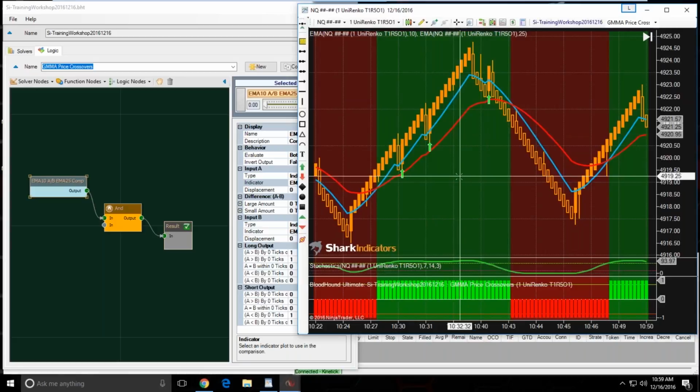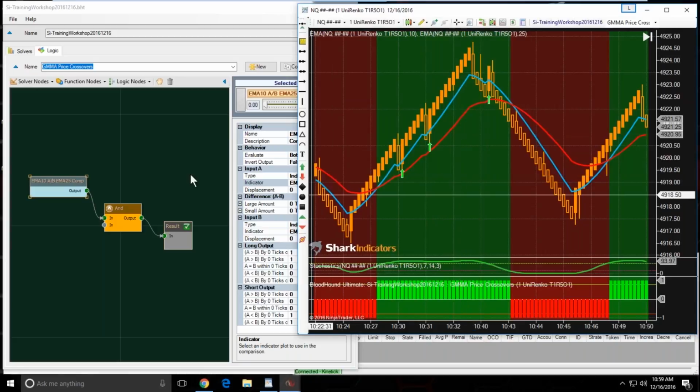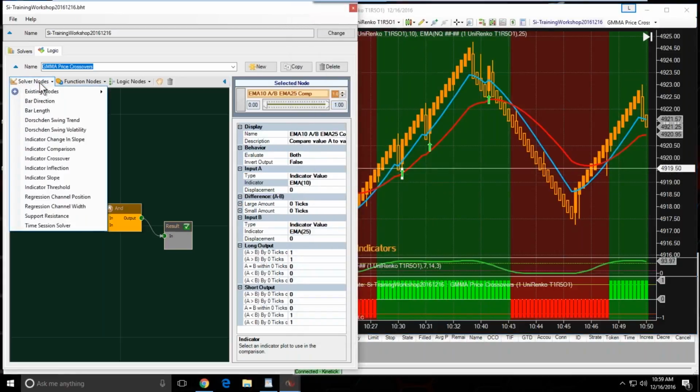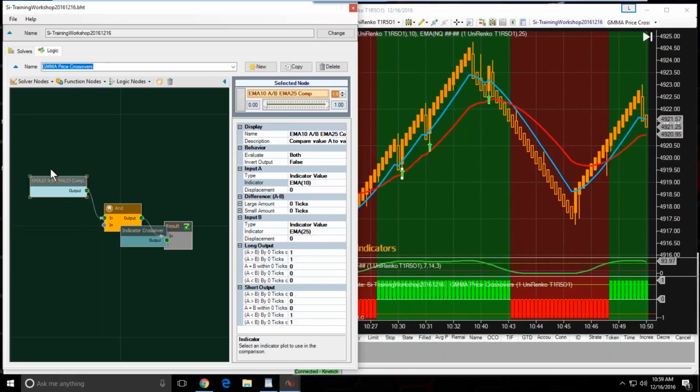To identify the individual bar that has the crossover on it, the cross up or the cross down, that's what the crossover solver is for.